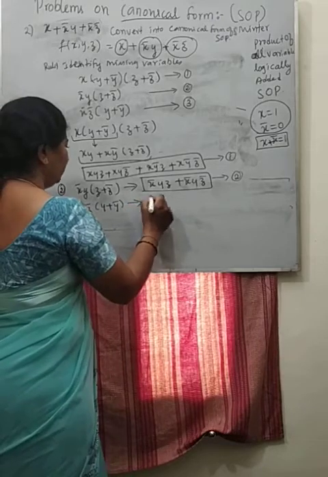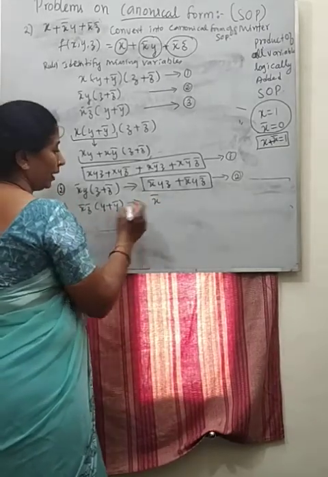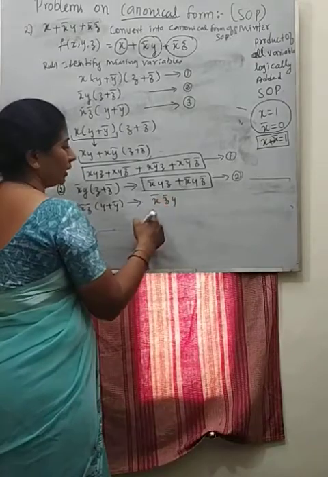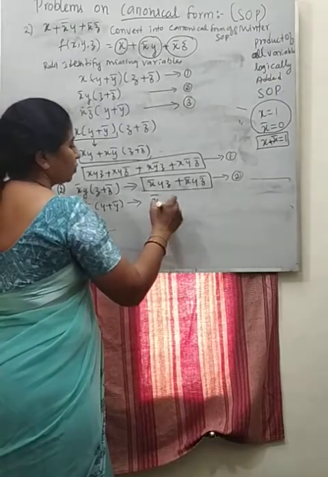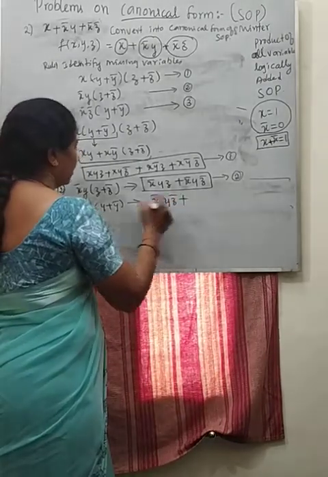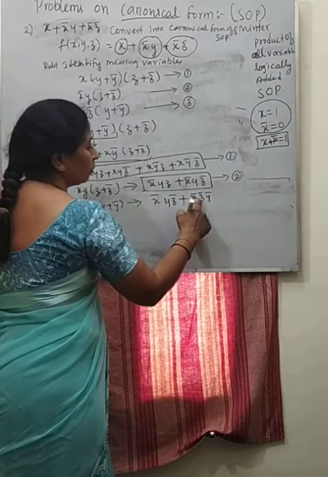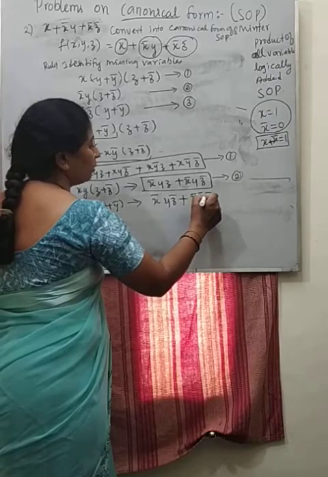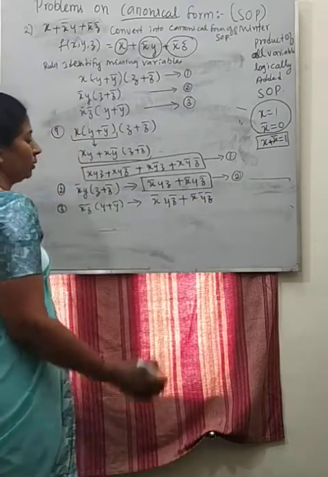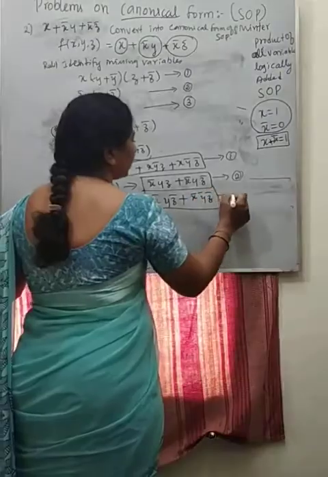You will get x complement, and I can write according to alphabetical order: x complement y z complement. Then x complement z complement y complement can be written as x complement y complement z complement. This is your third equation.